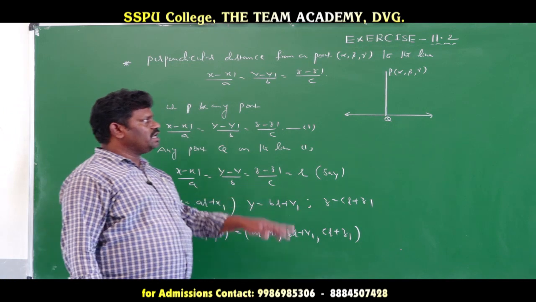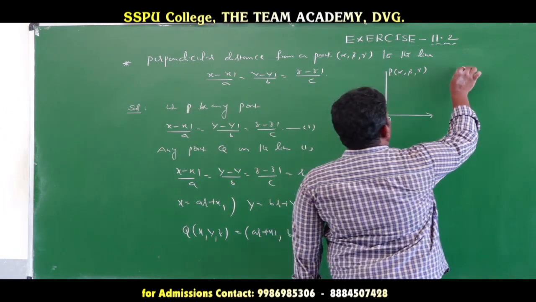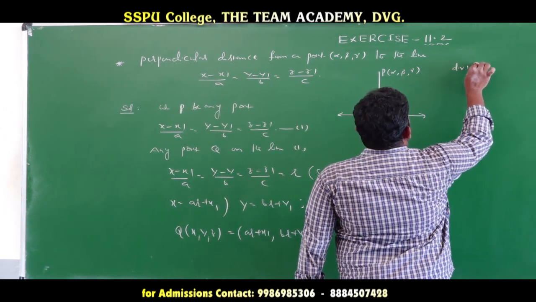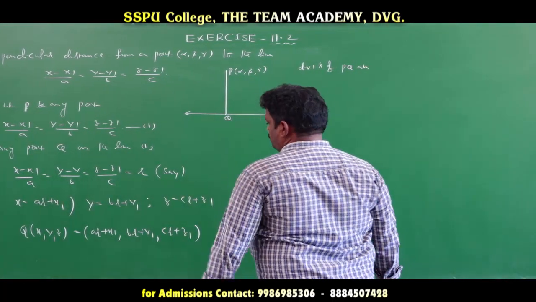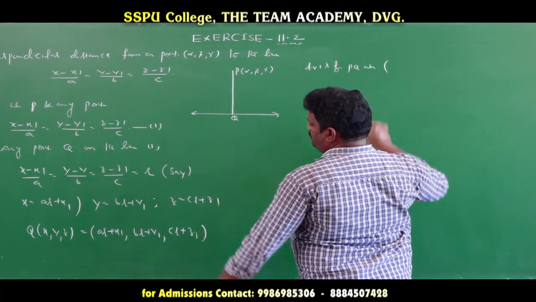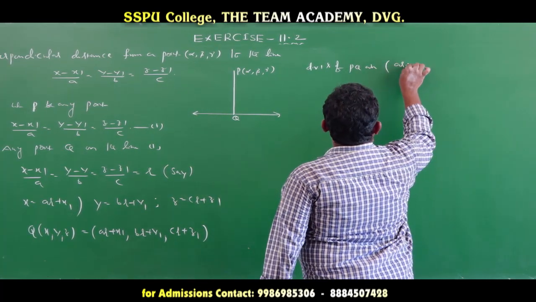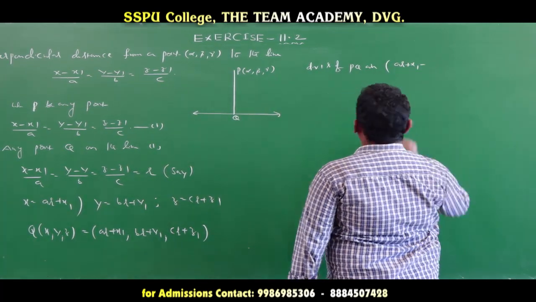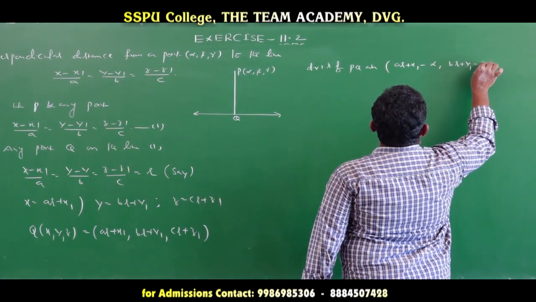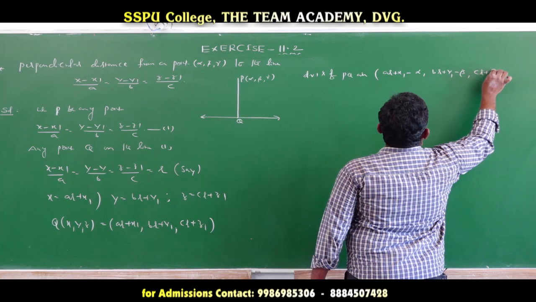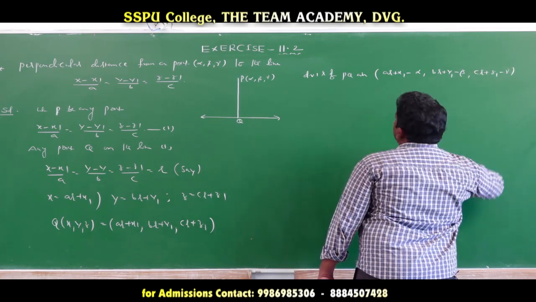So now the direction ratios of PQ. What do we do here? The DRs of PQ are (a r plus x1 minus alpha, b r plus y1 minus beta, c r plus z1 minus gamma).